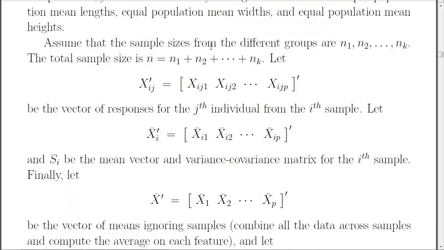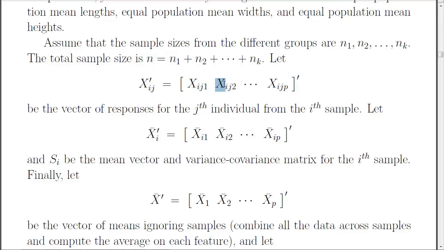Assume that the sample sizes for the different groups are n1 and n2 up to nk. Those are our different sample sizes, so our grand total sample size is just adding them all up. Then we've got individual observations, xij. So i here is the sample, so for example females, and then j indicates which individual from that sample. So there were 24 females, so j here will go from 1 up to 24, and xij1 is the length measurement.